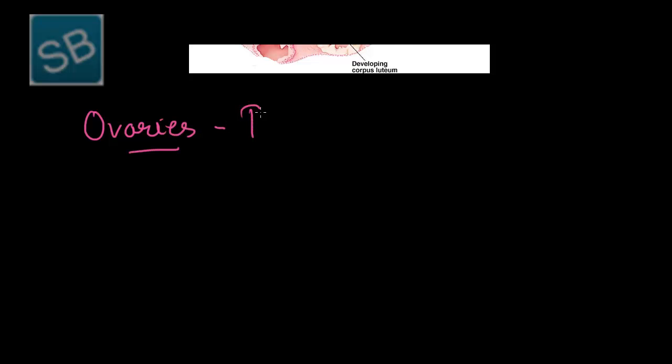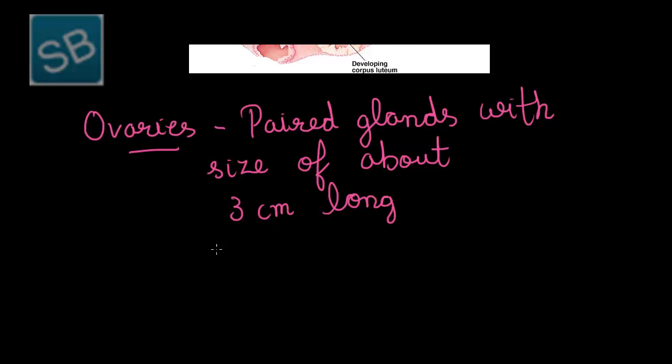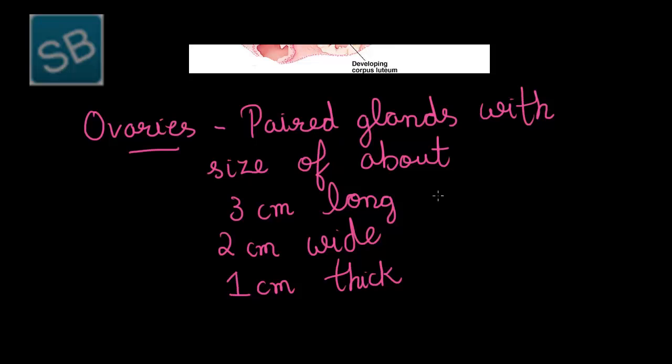That is, they are considered paired glands with a size of about 3 cm long, 2 cm wide, and 1 cm thick. That is, these glands are small and are similar in size and shape to an almond.